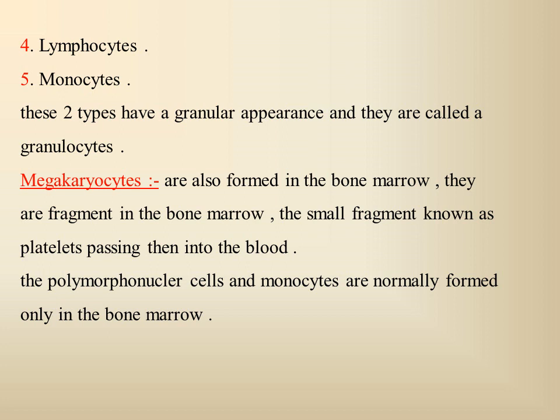Number 4 and 5, lymphocytes and monocytes, are the 2 types with agranular cytoplasm, and they are called agranulocytes. So 3 of the 5 types are granular, while 2 are agranular.